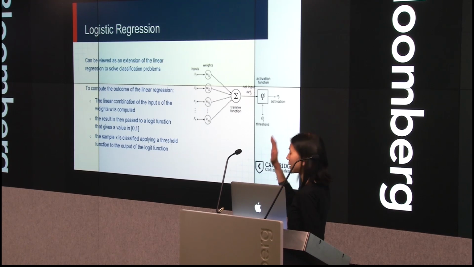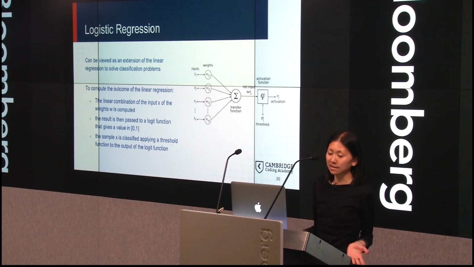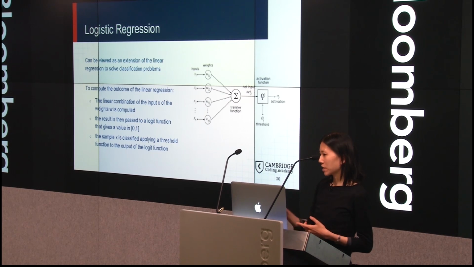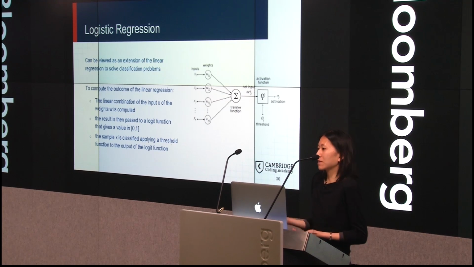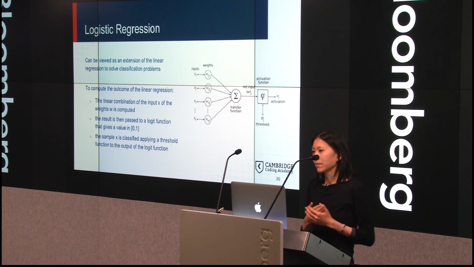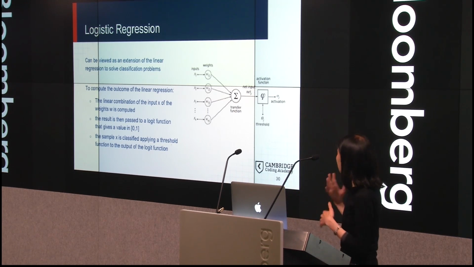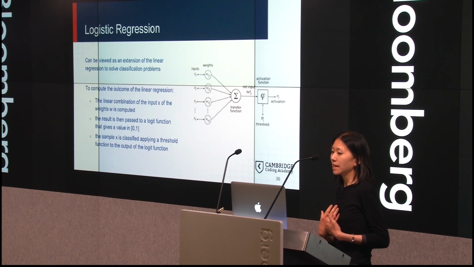And then you have another function that determines how you make the decision. Sometimes it's an absolute threshold. Sometimes you use the outcome that's the most likely out of the whole range of outcomes, and that's what you base your prediction on. So that's the intuition behind logistic regression.